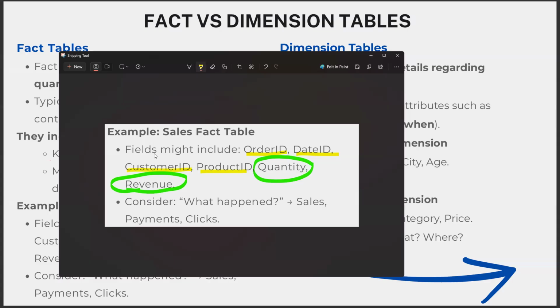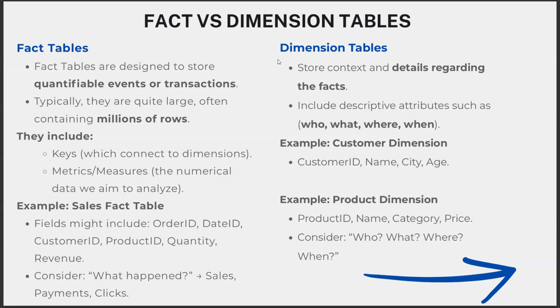Okay. In the dimension tables, as I said, this is the context. This is about the description of the fact, all the details about the fact. We will ask questions, who is storing the data, like customers, employees, what we have in the organization. We have locations, we have stores, we have inventory, all of these items, where it happened and when it happened.